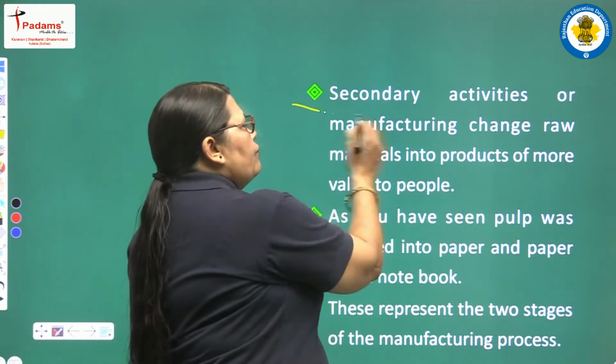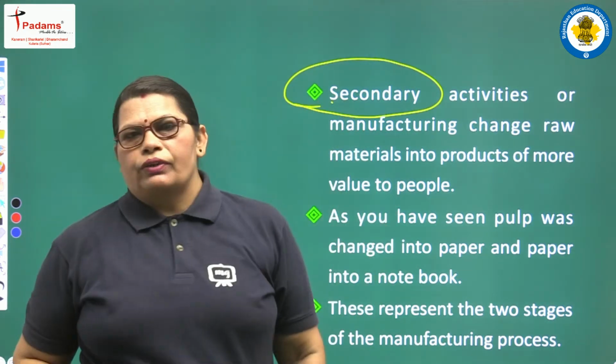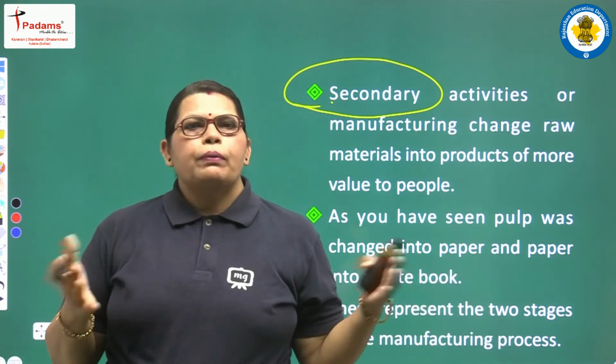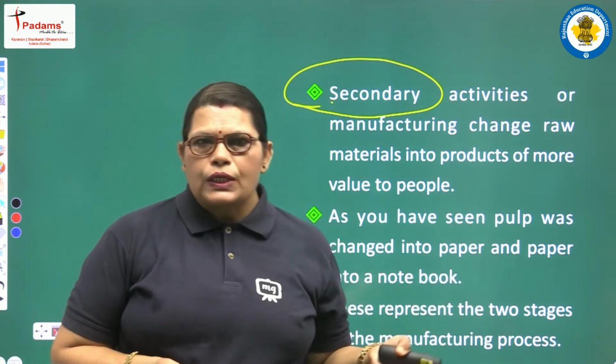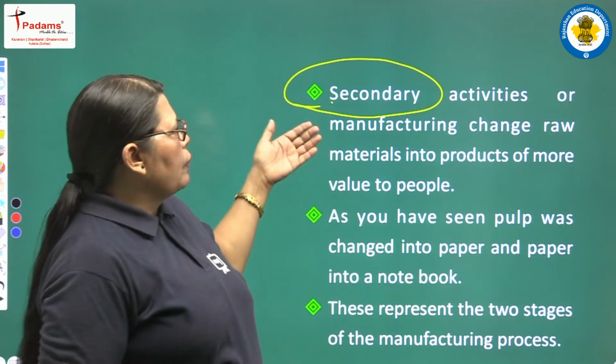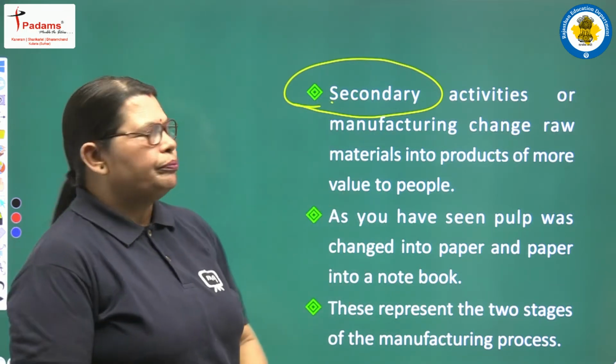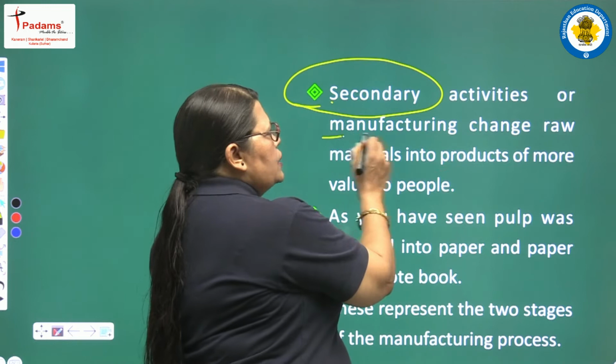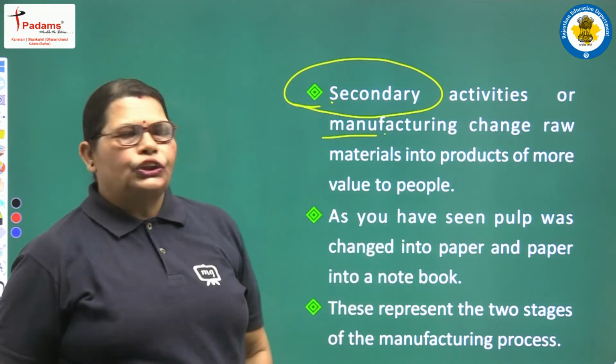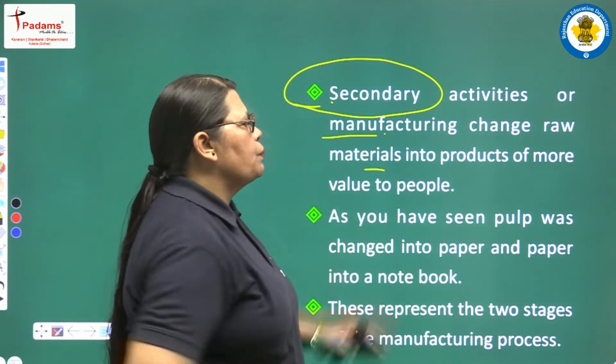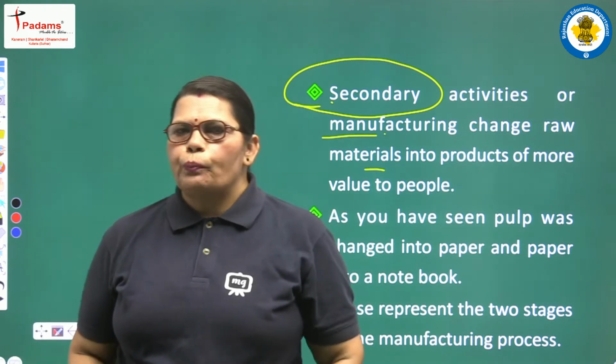See, when we are talking about the secondary activities, this one is the wood pulp, and what about the next one? Yes, when we are talking about the next activity, see here, secondary activities are manufacturing that changes raw materials into products of more value to people.